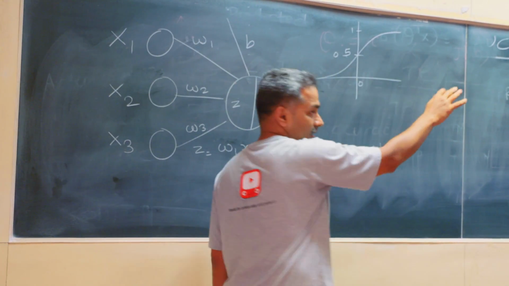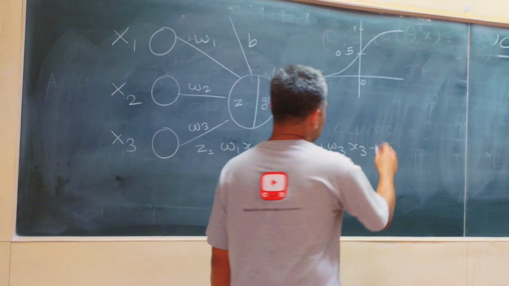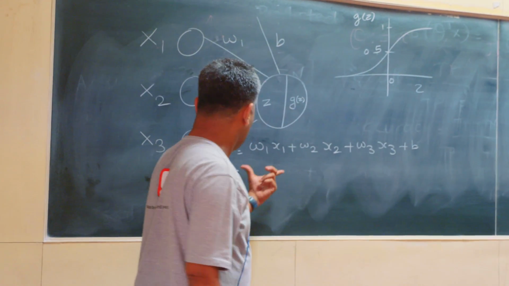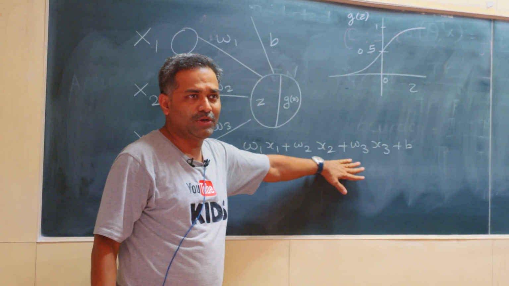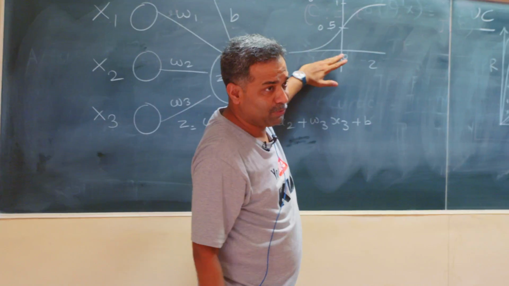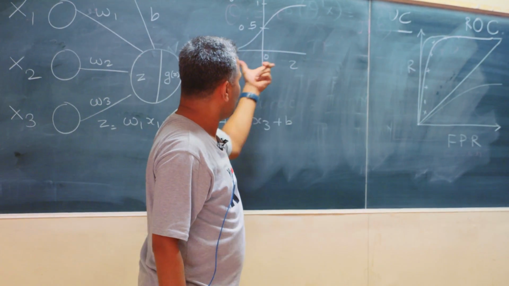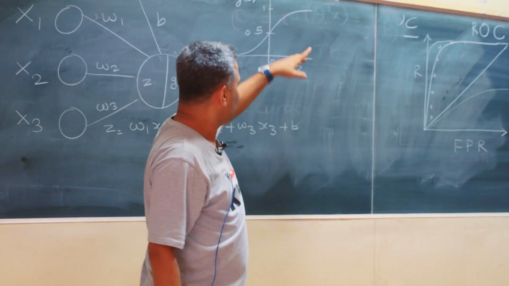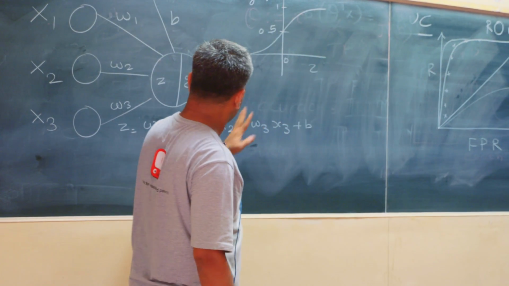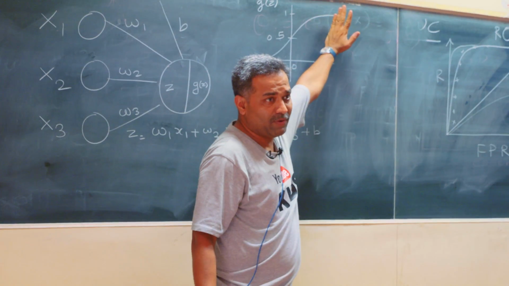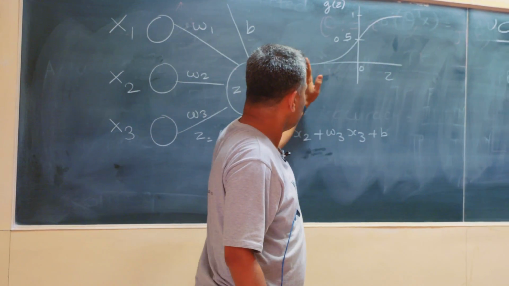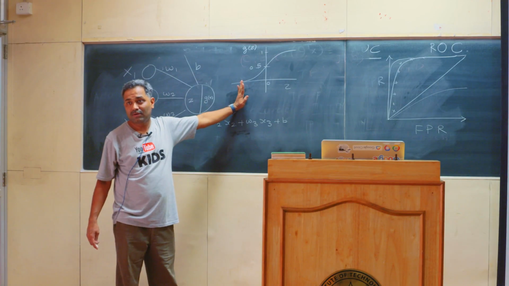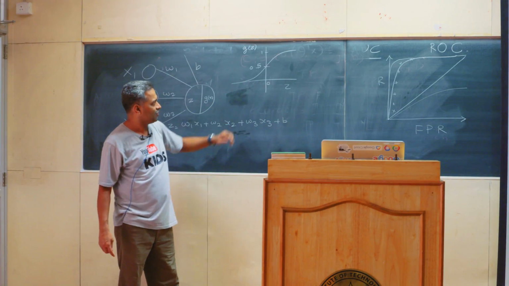This is your Z and this is your G of Z. You do the linear combination and pass the output to sigmoid. If you have a large value of Z, you are likely to get an output of 1. If you have a large negative value, you are likely to get an output of 0. Clear? This is one of the activation functions.